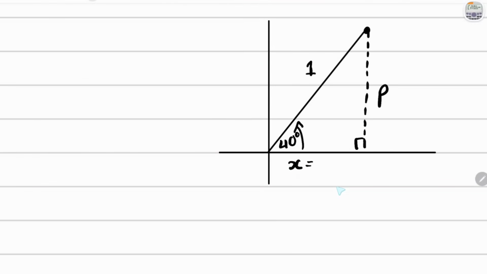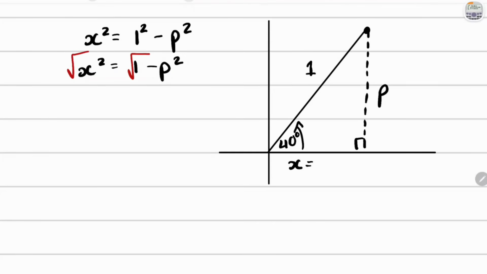You can use Pythagoras to find that by saying x squared is equal to the hypotenuse squared, which is 1 squared, minus the opposite side squared, which is p squared. Simplifying, 1 squared is just 1, so that's 1 minus p squared. To solve for x, you square root both sides.